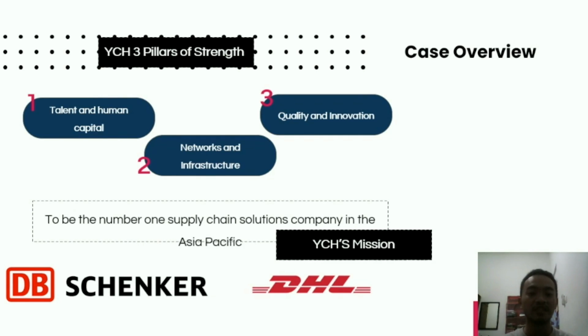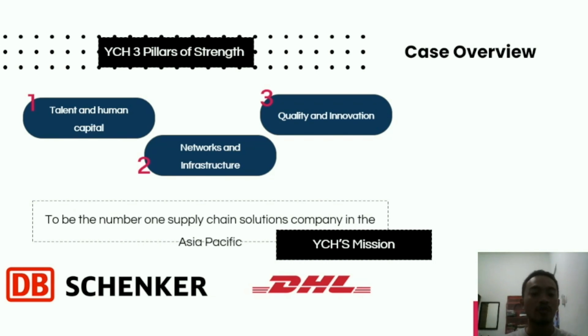By building capabilities from within, YCH has three pillars of strength, which are talent and human capital, networks and infrastructure, and quality and innovation. To complete a complex project would require the company to have specialist capabilities in building the logistics superhighway and sustaining it in the most competitive manner.